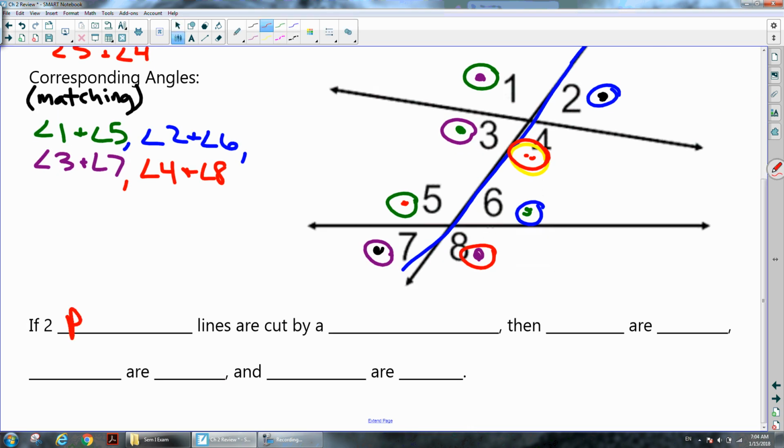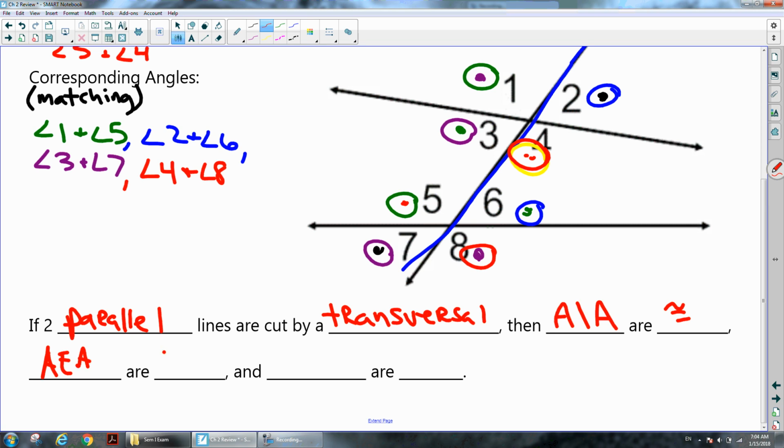If two parallel lines are cut by a transversal, then your alternate interior angles are congruent. Your alternate exterior angles, I'm just abbreviating those, are congruent. And your corresponding angles are congruent.